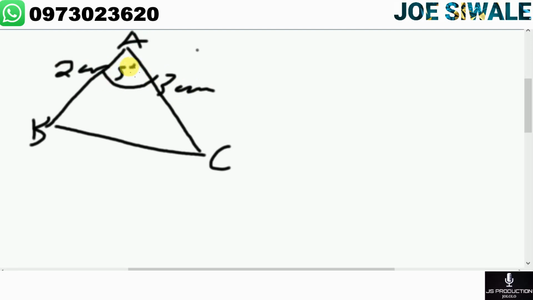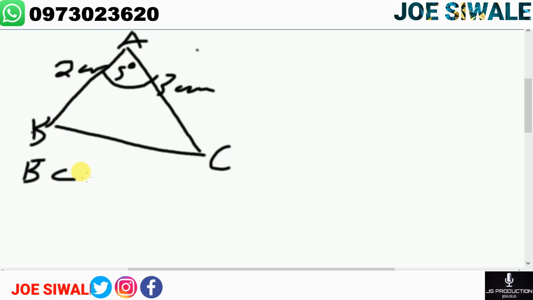As you can see here, the angle will be given between the two lengths that you have been given, AB and AC, and you have been told to calculate the length BC here. The length that is opposite the angle between the two given lengths, AB and AC. So this means you are going to use the cosine rule.